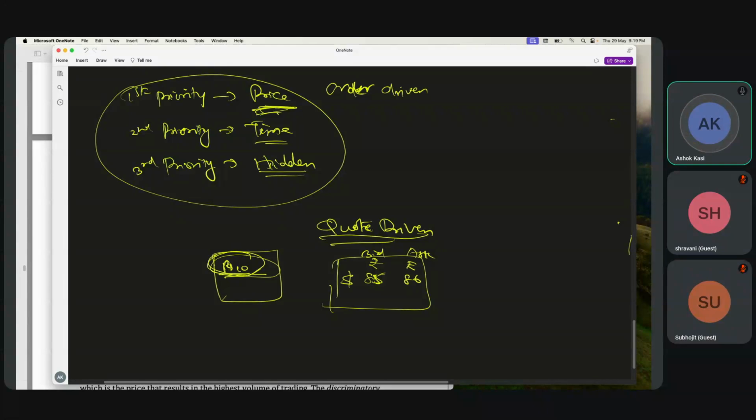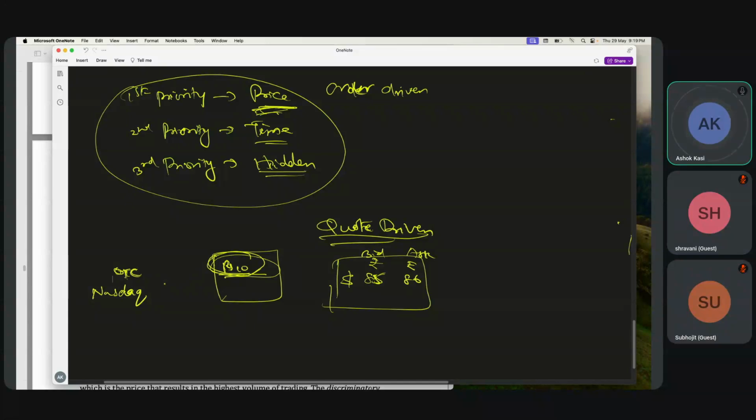Similarly, the largest quote driven market is Nasdaq. It is in US. Quote driven market, Nasdaq. OTC market also. OTC means over the counter. What do you mean by over the counter? Over the counter means without the presence of the exchange.